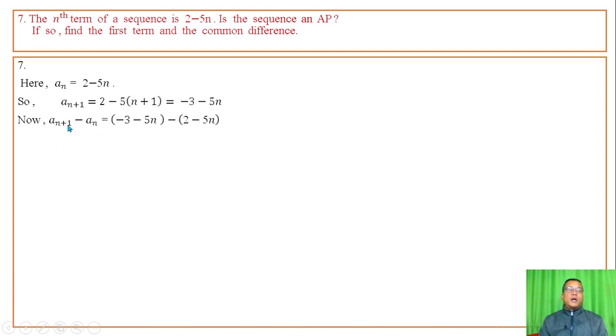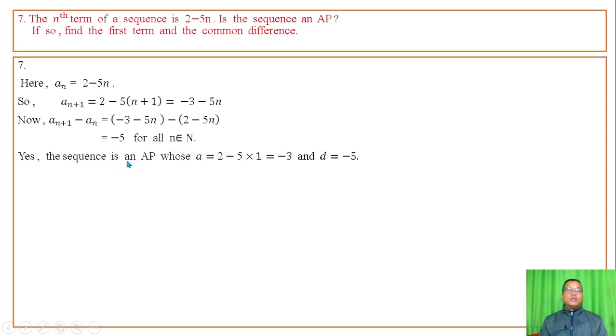Now a of n plus 1 minus an, after simplifying, is minus 5, which does not depend on n, so it is constant for all values of n belonging to N, the set of natural numbers. Yes, the sequence is an AP whose first term a, putting n equal to 1, is minus 3 and common difference is minus 5.